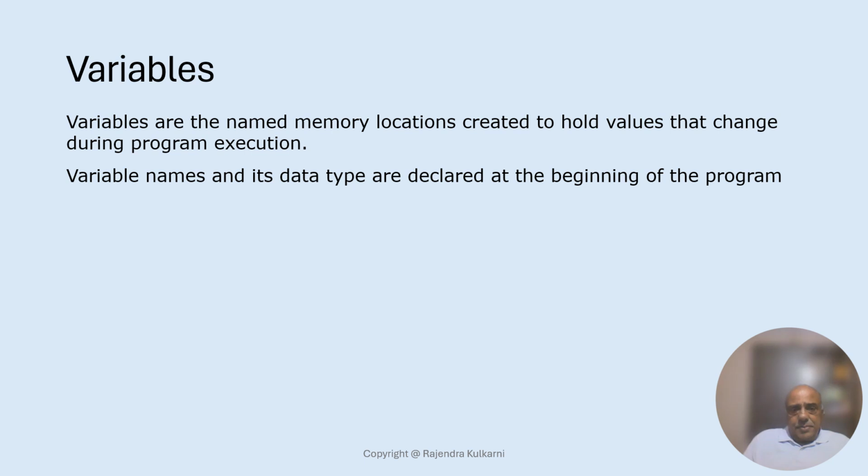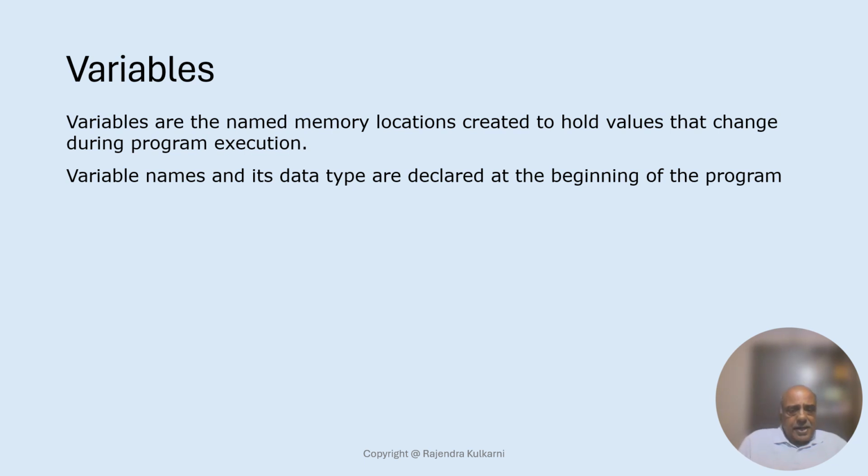There is a requirement that a variable name and its data type must be declared at the beginning of the program. Not necessarily at the beginning, but before use, it is a must. It is a general practice in creating a C program that the variables are declared at the beginning.